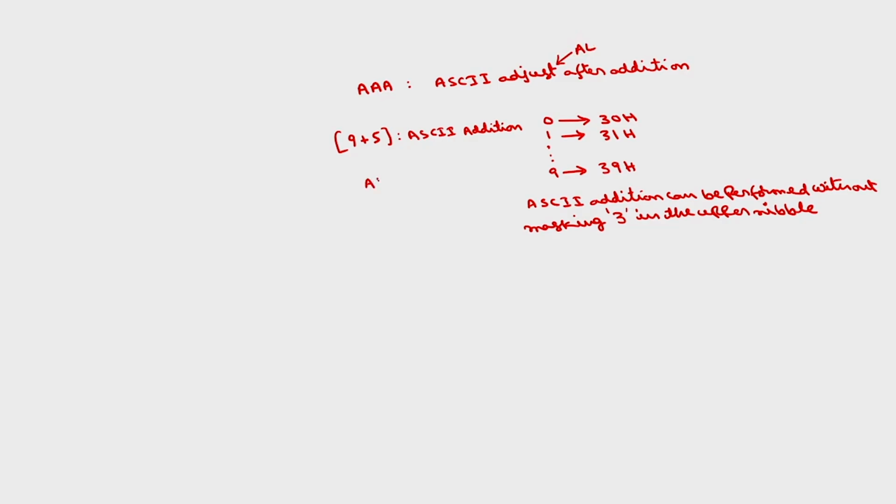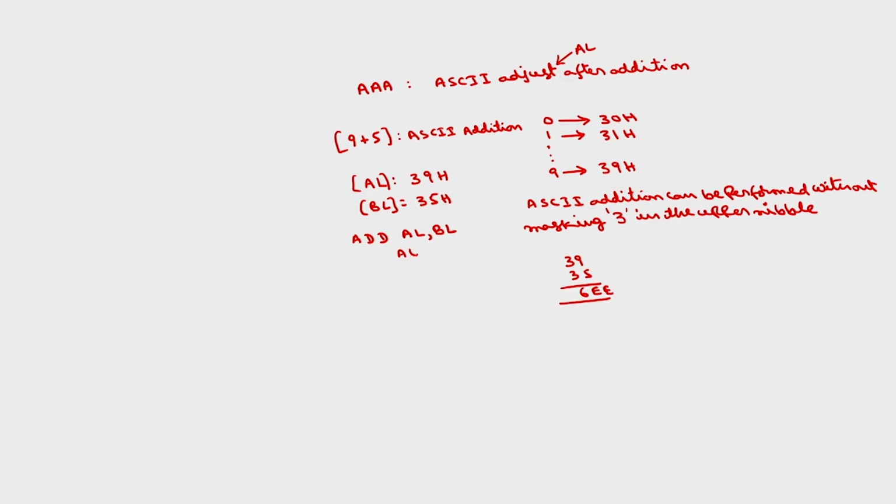If I take AL as 39H, which is the ASCII code corresponding to 9, using the move instruction, I am not writing that. Then BL, say 35H, which is the ASCII code corresponding to 5. So if I write ADD AL, BL, what will be the result? It should be 39 plus 35, which is equal to 6EH.